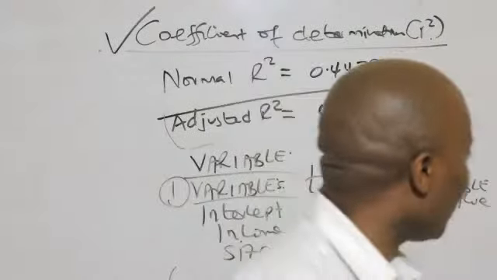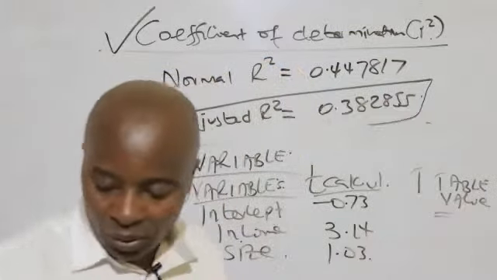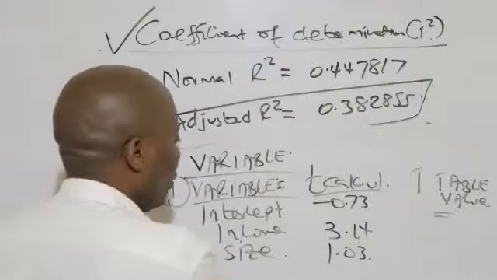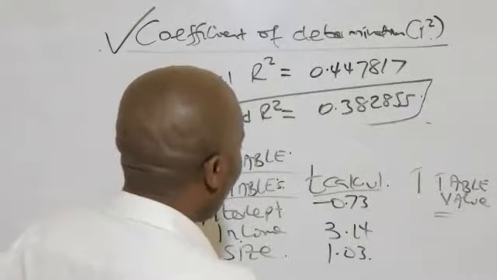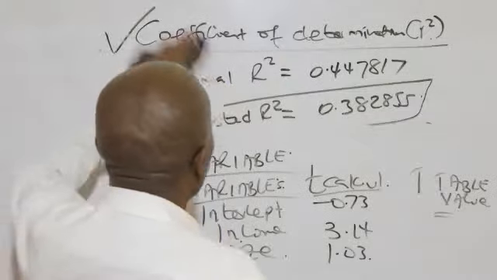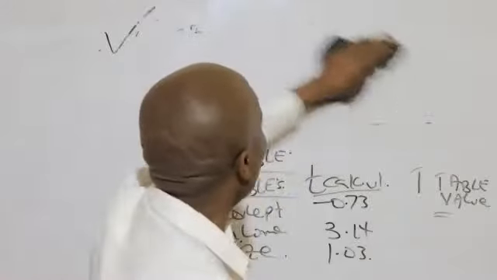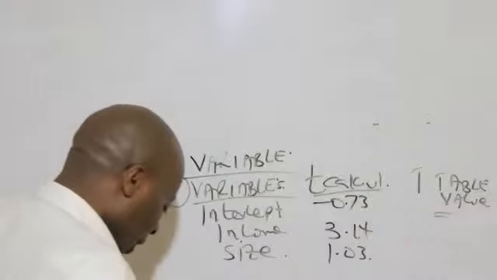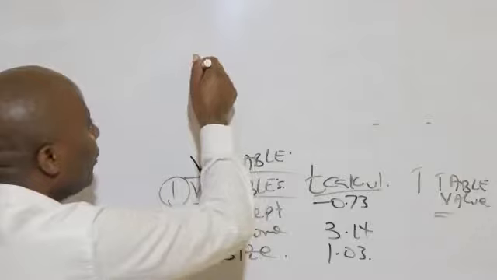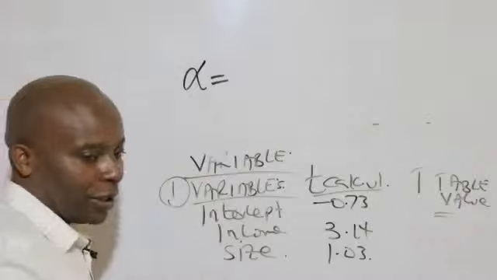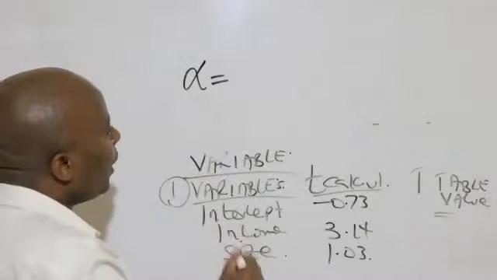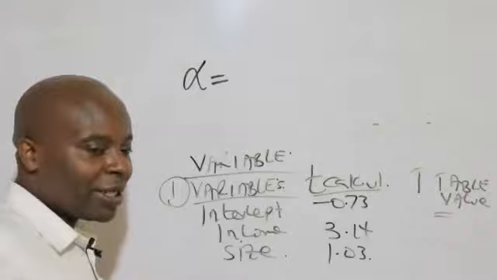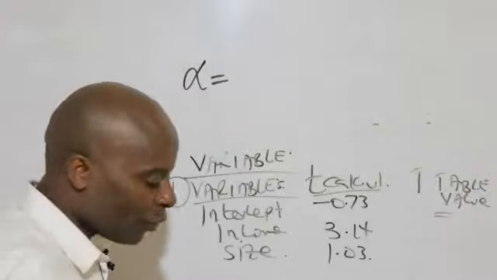Remember that for us to be able to read the T tables value, we need two things. Number one, we need alpha, the level of significance. The level of significance here has not been given expressly, but you can see 95% confidence intervals.